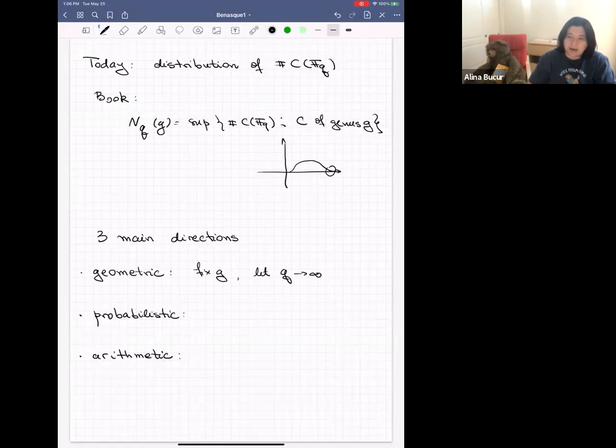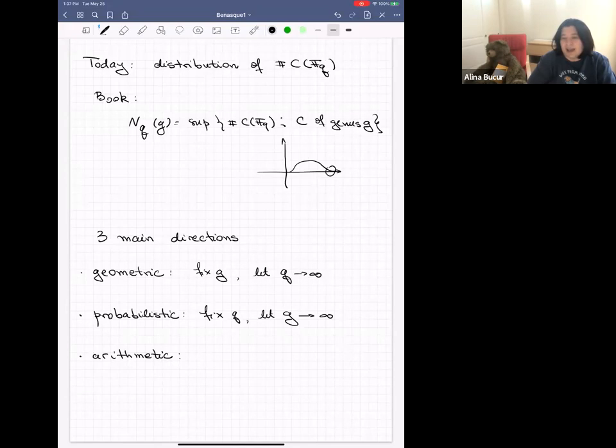So this is, I call this geometric because basically you start with a curve scheme, whatever it is, defined over F_q, and then you start base changing to larger and larger fields. Then you have the probabilistic world, which is somehow the polar opposite of this, where you fix your q, your field of definition, and you let the genus go to infinity.